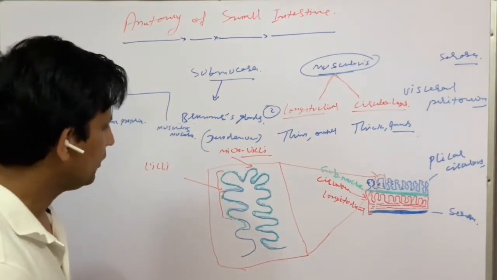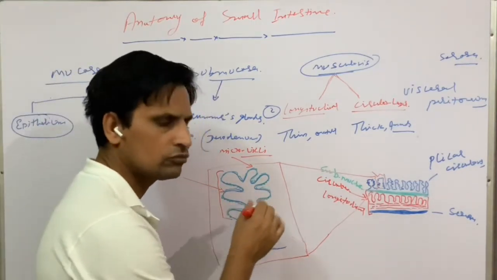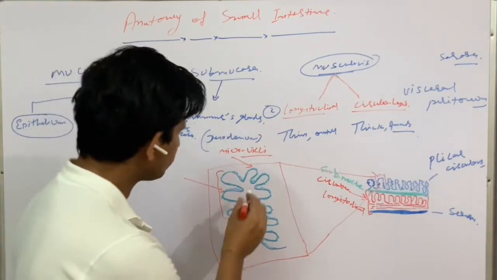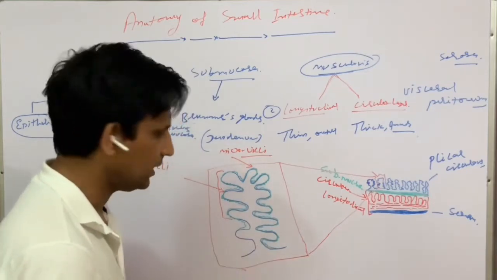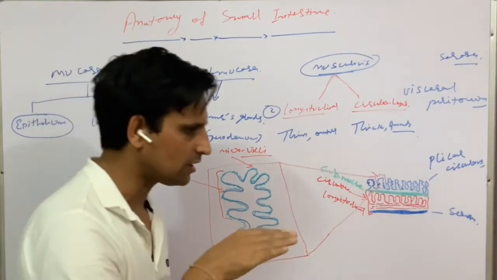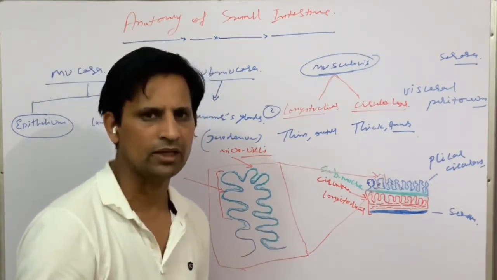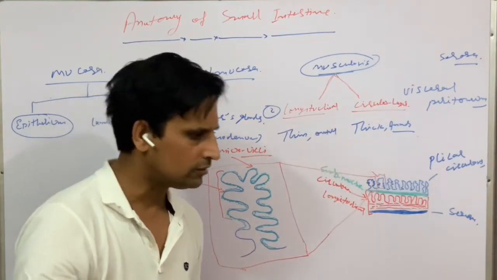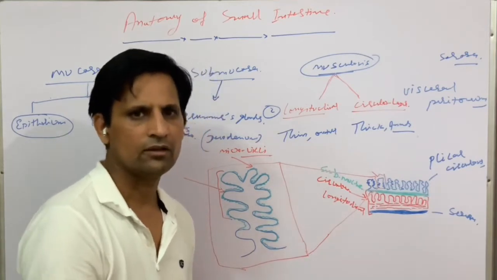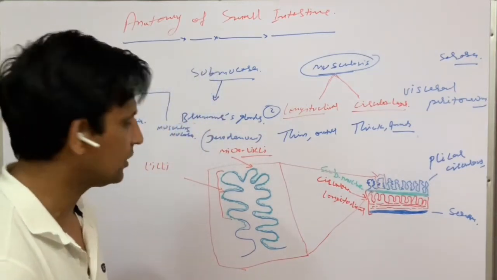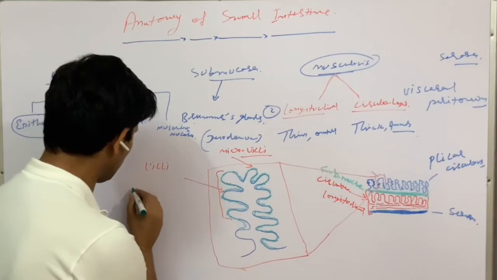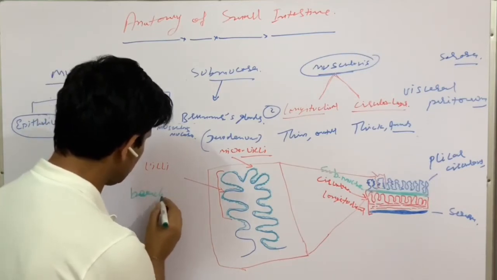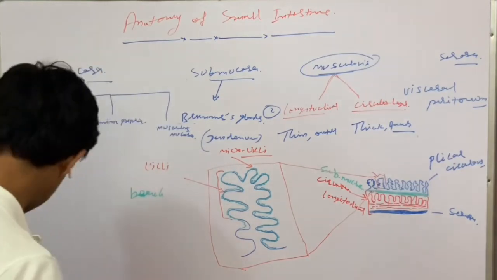On the villi we can see some more teeny projections, which look like a brush border. That's why, if we see the surface of the lumen of the small intestine through the microscope, it looks like a brush border, and the surface of the small intestine is known as the brush border surface.